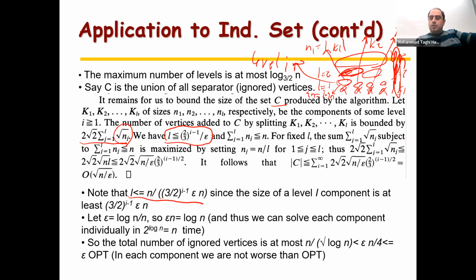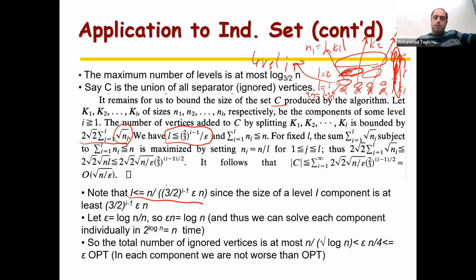As I mentioned, because it is the level I, the size of each of these connected components is at least (3/2)^(I-1) times epsilon n. Because we are stopping at epsilon n, and then each level we go up from the bottom to the top, the size goes up by at least 3/2.